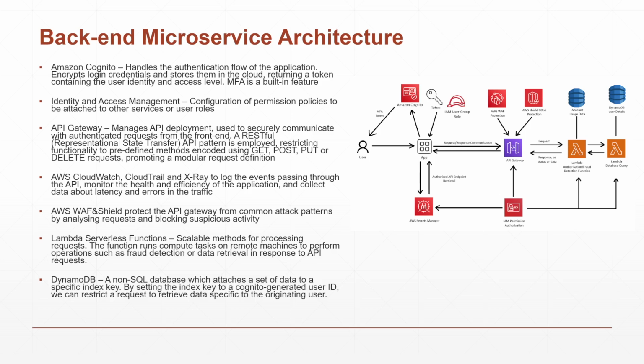So once we have the access token, the app then connects to API Gateway, which manages API deployment. And it's used to securely communicate with authenticated requests from the front end.